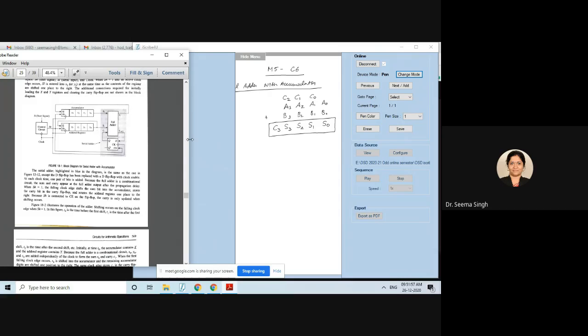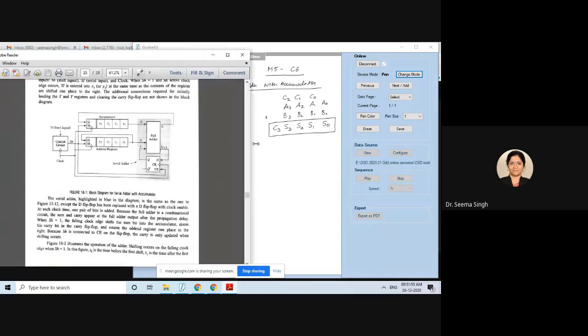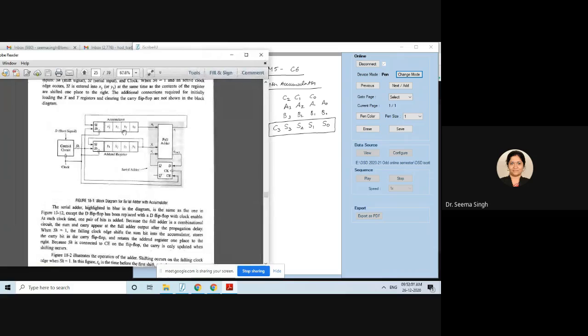So your first bit addition means your A0 and B0 are getting added here. Now what did I tell you? I told you that this S0 needs to be saved because it is part of my answer. Where is this S0? This S0 is here. Now you can see this S0 is going back and getting here, and SI means serial input.